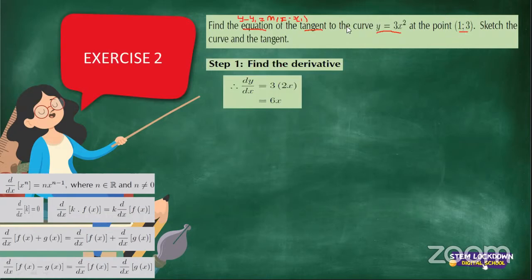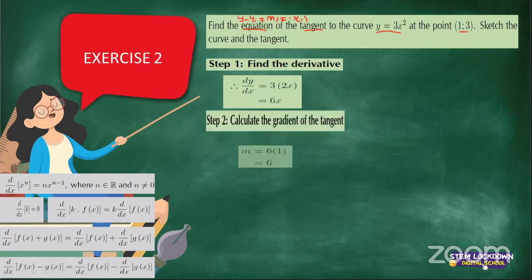So if you substitute your value of x into this equation, you'll get the gradient of your tangent at this point, okay? Remember how we found the derivative: you say 3 times 2, and then you subtract 1 from your exponent, okay?